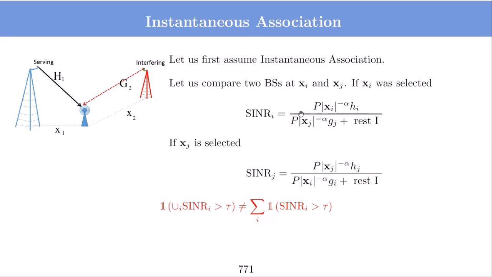It may happen that both of them exceed tau, if suppose the hi and hj distributions are very high but the gj and gi distributions are very low. In this case, it is possible that both SINR_i and SINR_j are more than tau. But there will be only one of them which is bigger. So this will be only one, but the sum will give you the value 2.